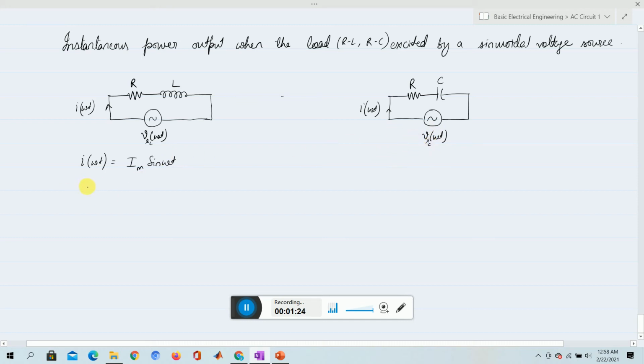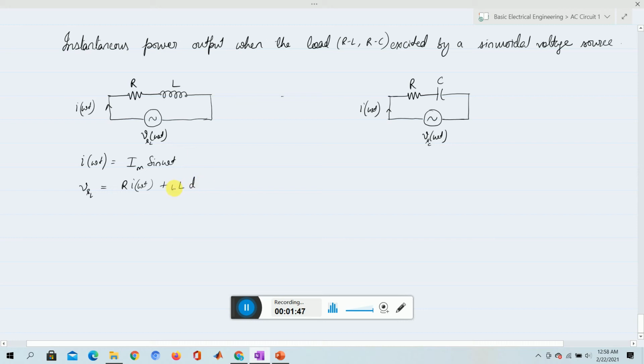So VSL equals, we do not know what the angular change is right now, so let us keep it as it is, R into I of omega t plus the voltage across L.